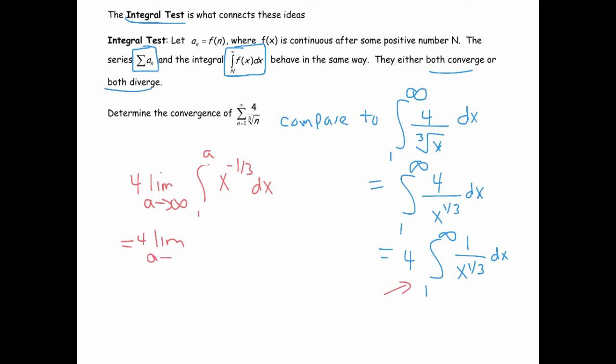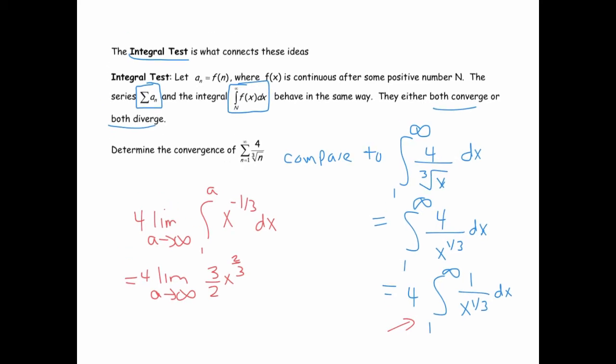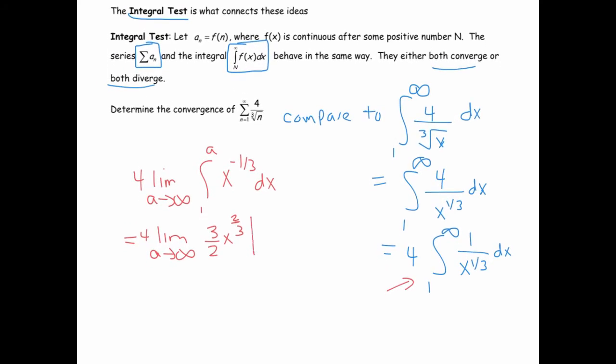Now the antiderivative of x to the negative 1/3 is 3/2 x to the 2/3, and we're going to evaluate that from 1 to a. So we get 4 times the limit as a goes to infinity of 3/2 a to the 2/3 minus 3/2 times 1 to the 2/3.